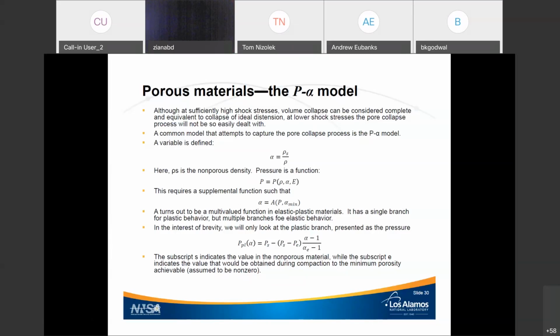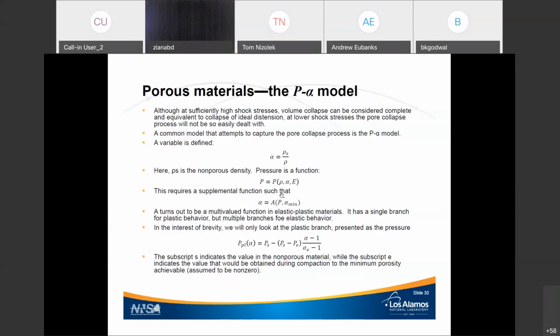The most common model that's used is called the P-alpha model, where there's this quantity alpha, which is defined as the density of the fully solid material divided by the density of the material at whatever porosity you have. In the P-alpha model, the pressure is a function of the density, alpha, and the internal energy. Defined this way, there's a supplemental function required.